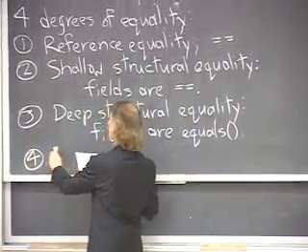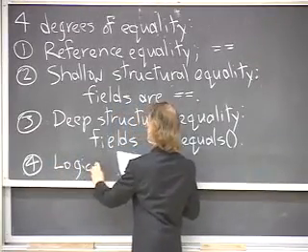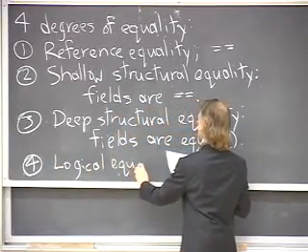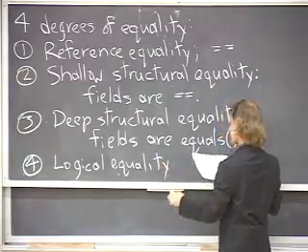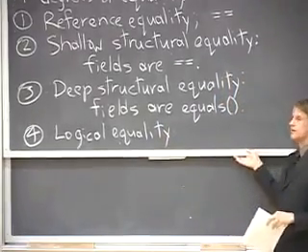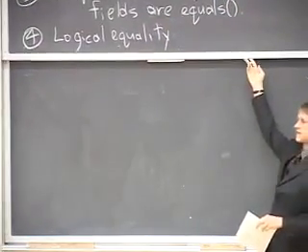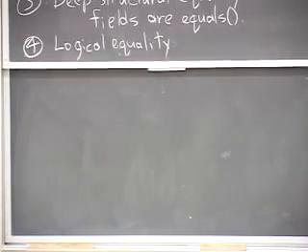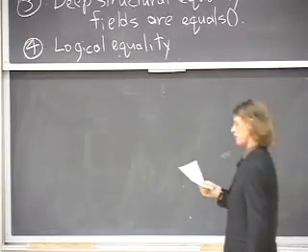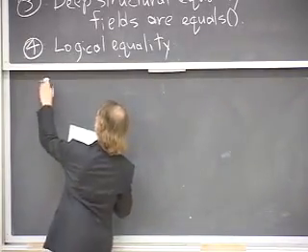And a fourth kind of equality that makes sense for a lot of special data types is logical equality, where two things make sense as equal from a mathematical point of view. What do I mean by that? Let me give you a couple of examples.